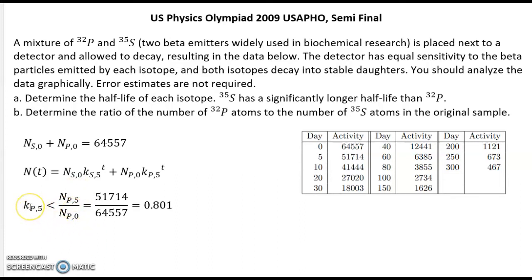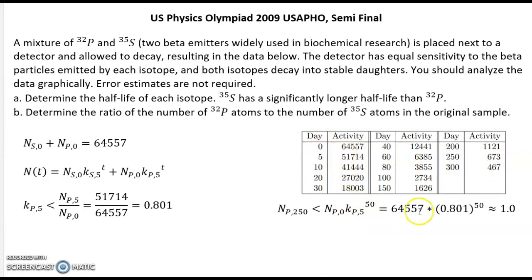We want to see how fast this activity is reducing after 300 days. Let's see what this is. Activity for element P after 250 days will be this expression: initial activity multiplied by this coefficient to the power 50, because it's 50 steps of 5 days.